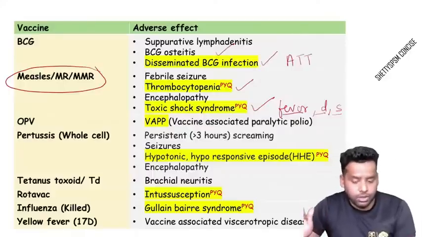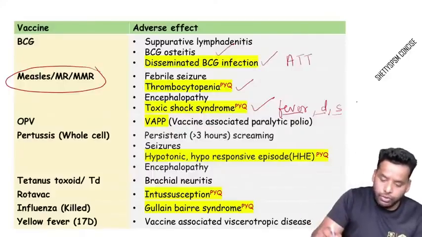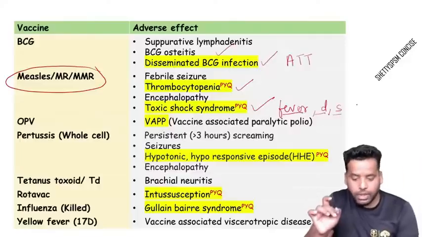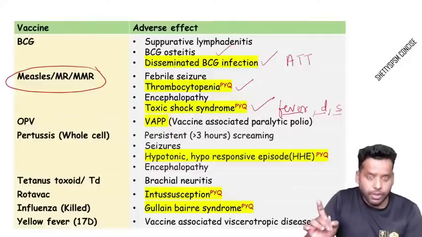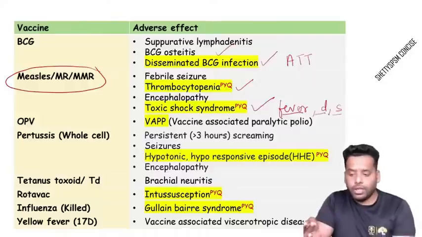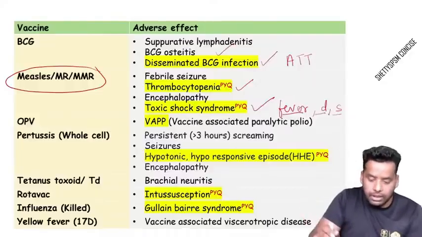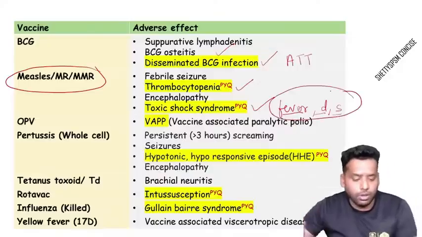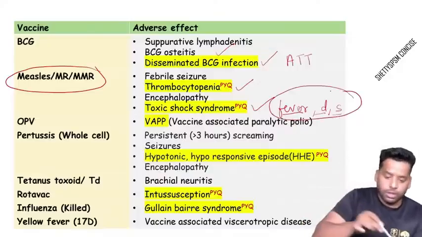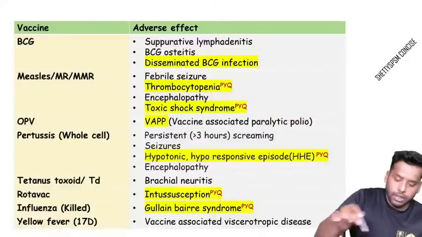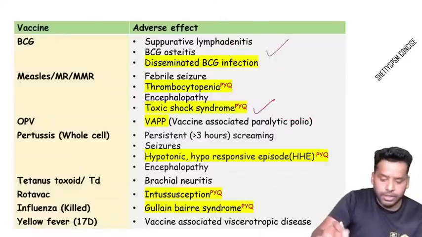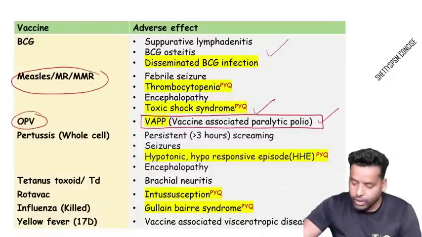Fever, diarrhea, shock after 24 to 48 hours. Sometimes it can lead to death also. If they mention these words, then the answer is toxic shock syndrome. Toxic shock syndrome can be seen in measles, and also BCG, but mainly vaccine associated paralytic polio.